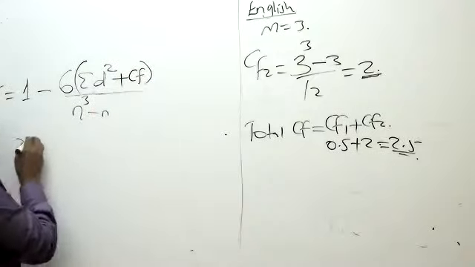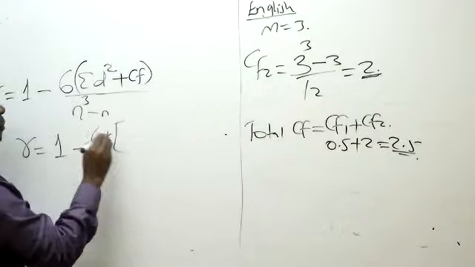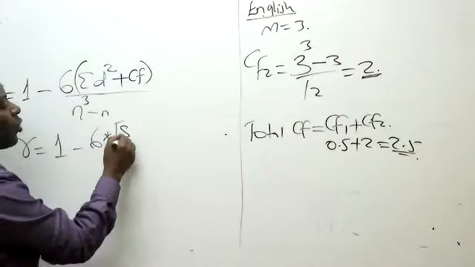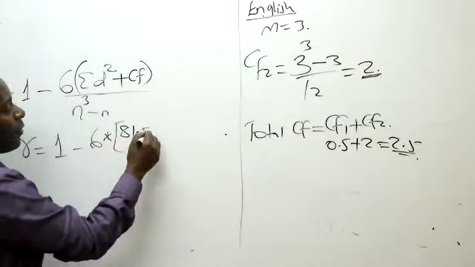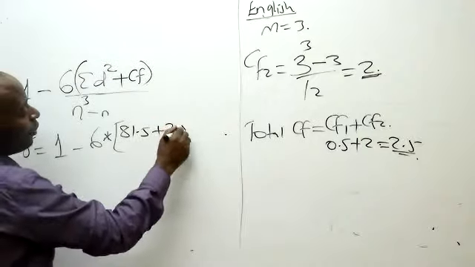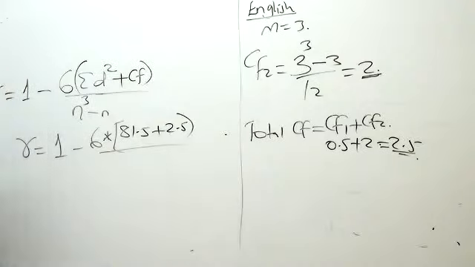So then our R will be 1 minus 6 times, open bracket, summation of d squared, which was 81.5, plus our total correctional factor, which is 2.5, all over n, the number of students, which were 8.